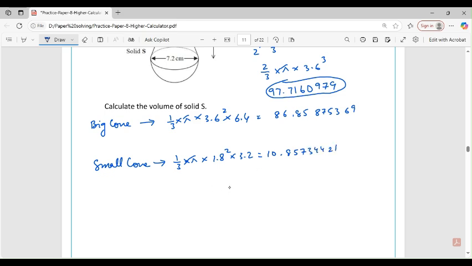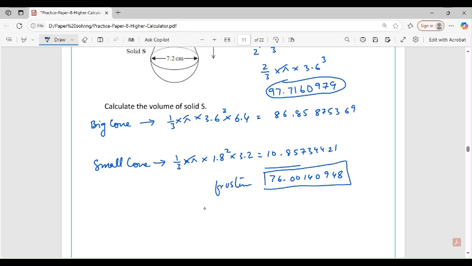So when we're talking about the frustum, once we subtract this, you should get 76.00140948 in your calculator. This is what we are talking about, the frustum.